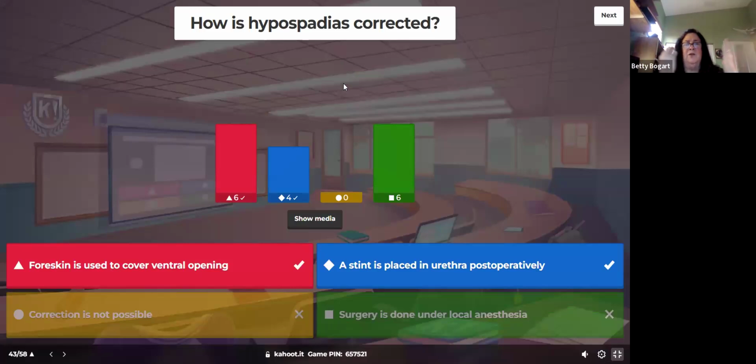So what they do is they use the foreskin so that they can fillet open this whole penis. Remember, it's general anesthesia. These kids, filleted penis, open it up, create a cavern where they make the hole that goes from the tip of the penis to the bladder, and they close it up using the foreskin. Again, we leave that stent there afterwards for 7 to 10 days. What do we do with it? Nothing. Keep it inside a diaper so you don't urinate everywhere.